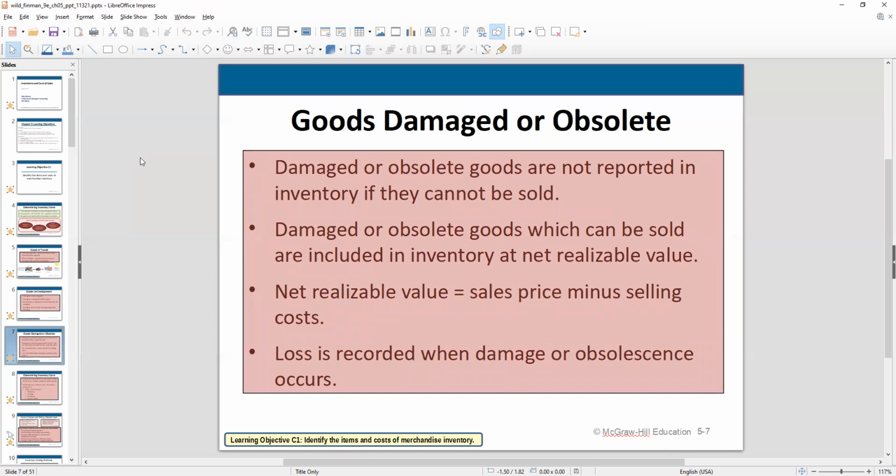Next, we have how do we handle damaged or obsolete goods? I mean, you're going to get returns that you're not going to be able to resell to customers. So you don't report them in inventory or carry them in inventory if they're not going to be resold. What you have to do is these will be debited to an expense category, which is damaged goods.